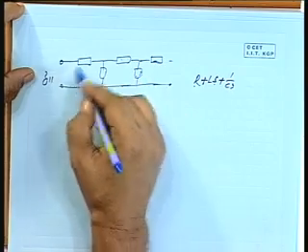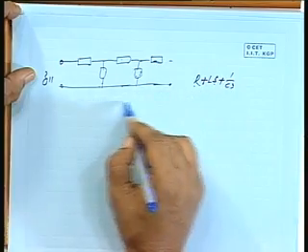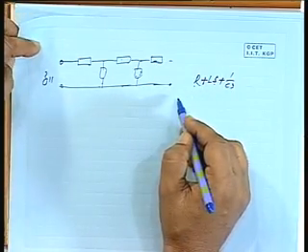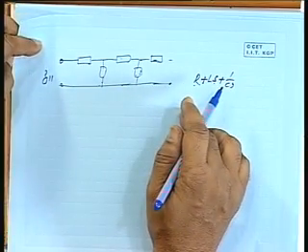Do you get my point? So, after making all these combinations, the numerator and the denominator will always have positive coefficients.